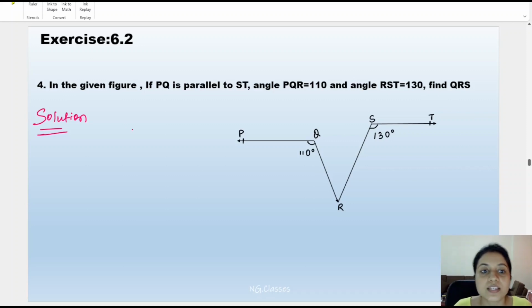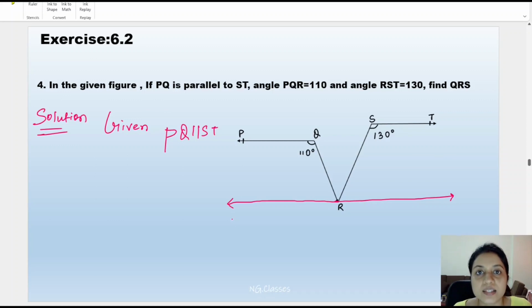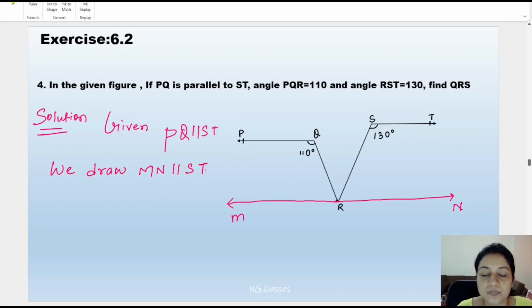So here it's given that PQ is parallel to ST. Now let's draw one more line, that is MN, parallel to ST. So we have drawn a line MN which is parallel to ST.